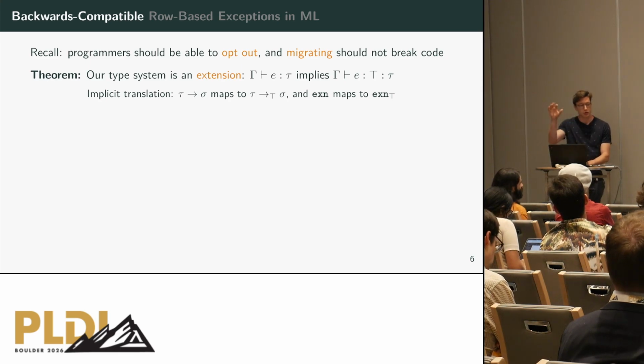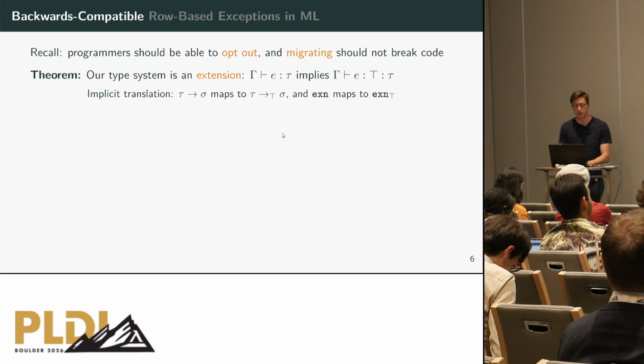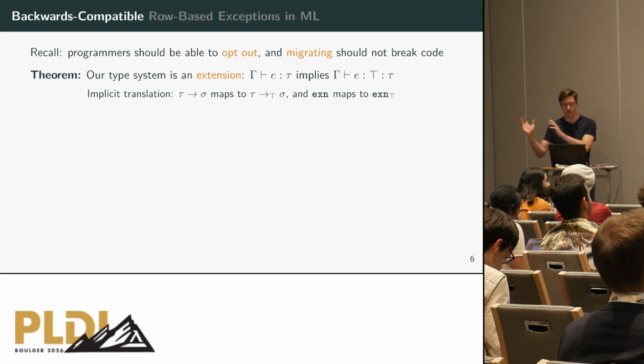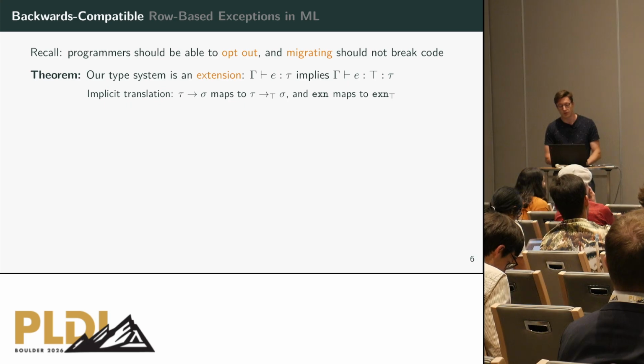And note that we have to translate the types that we use in the non-exception tracking setting to our exception tracking setting, which we do by annotating both the function types and the accent types with the top row to indicate the default behavior that you've got in ML.